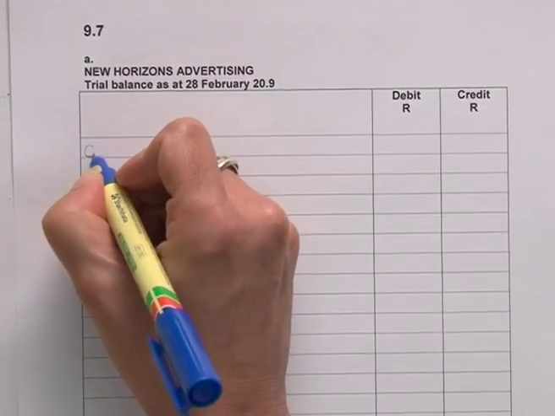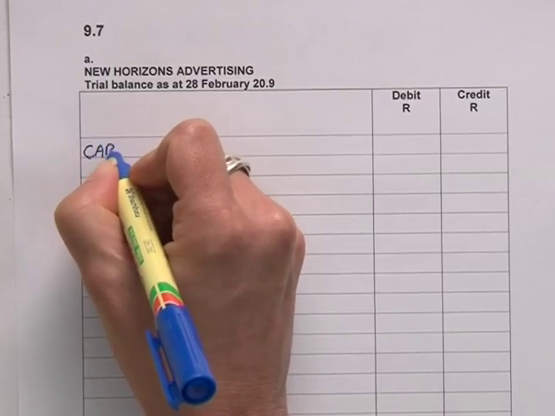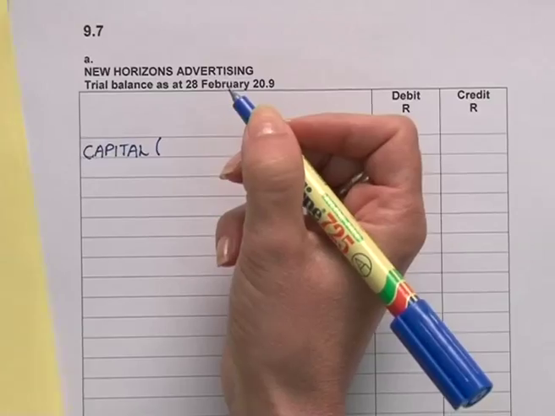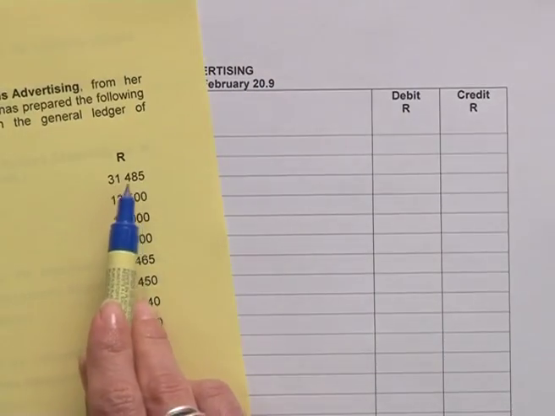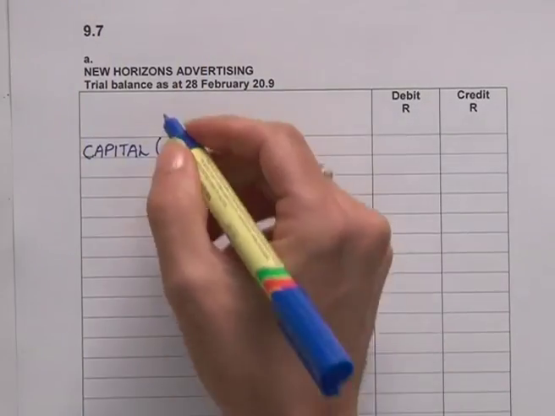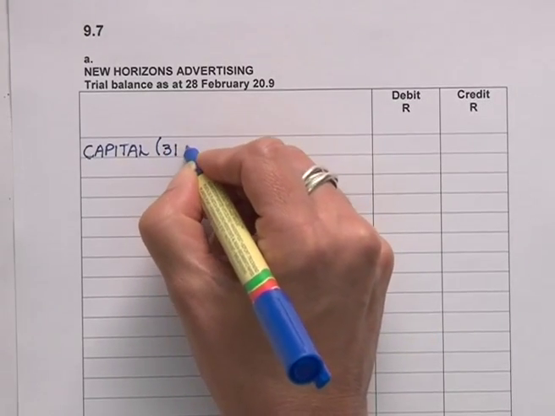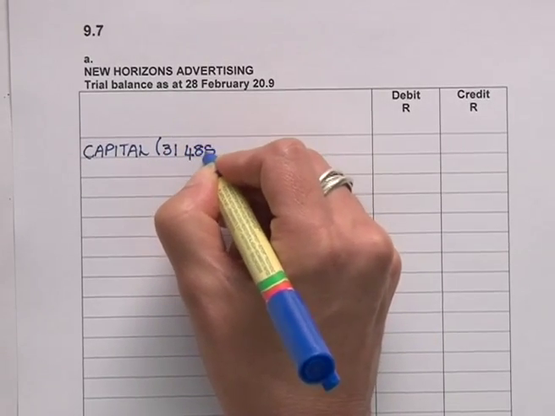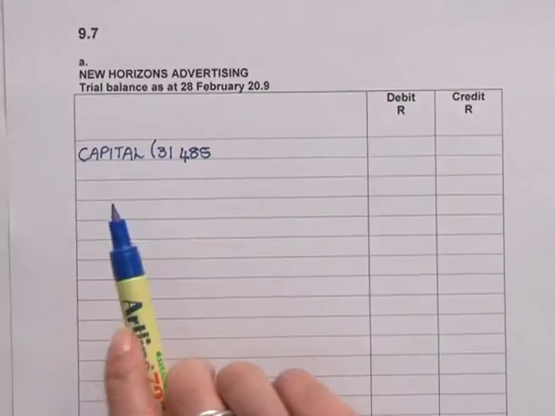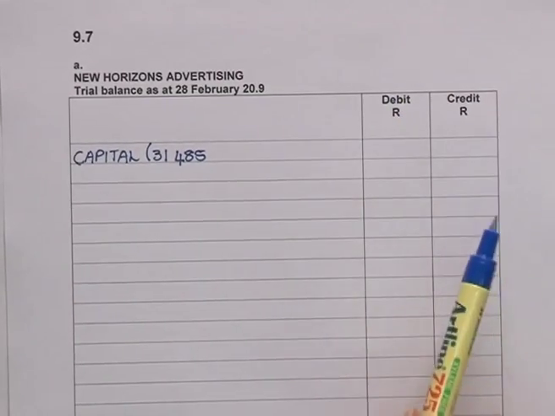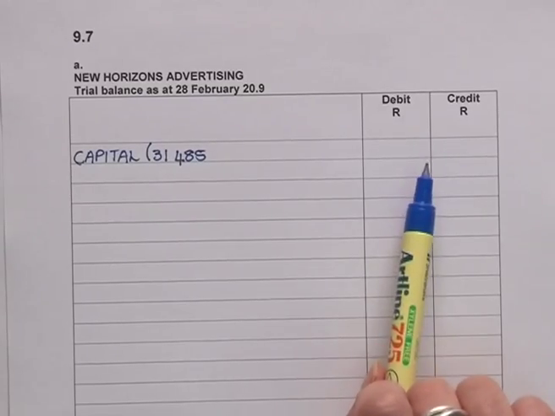we're going to have an entry for the capital account, and we start with the amount given for capital of 31,485. We start with that in brackets, because remember, with the omissions or the mistakes made, any of these amounts can change. Then the only indication that we have to make is whether this is a debit or a credit finally in our trial balance.